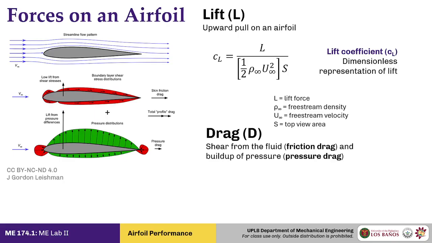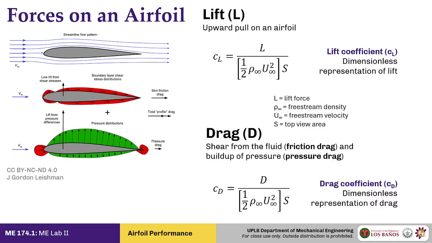And you also have what we call the drag coefficient. So this is just the drag force over the free stream force developed by the fluid on the airfoil. So a lot of normalization and ratioing. This is par for the course for fluid dynamics. I think it's about time to get used to that.